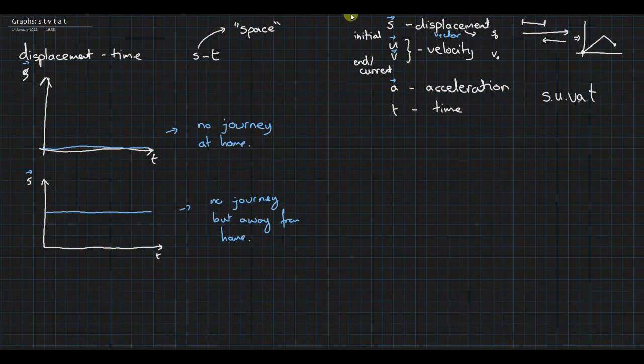And then we start getting interesting when we start doing movement, as we set up here. I could start off at home, go on a journey somewhere, and that means there's a journey as I'm moving away from home.